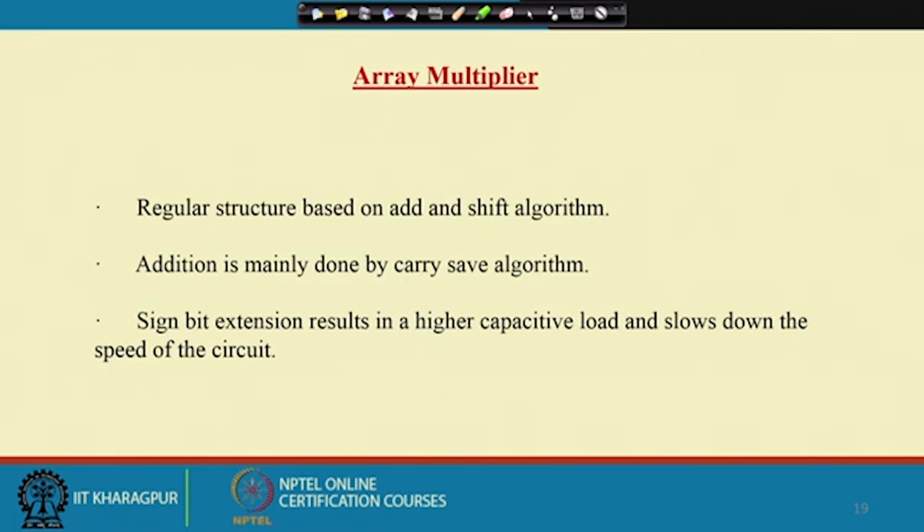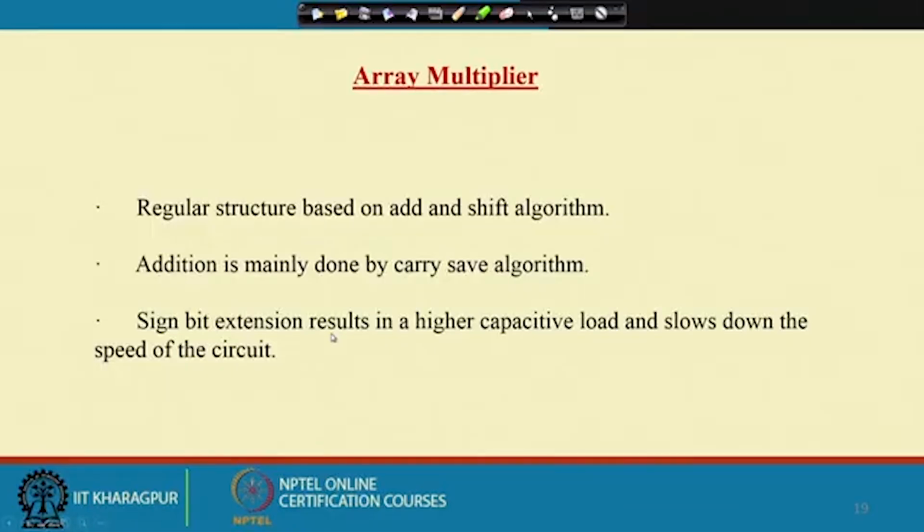Here the main thing is that the addition is mainly done by the carry save algorithm, or carry save addition operation, and then sign bit extension results in a higher capacitive load and slows down the speed of the circuit. That means if I am doing signed multiplication, at that time I have to consider the sign bit extension, otherwise I do not have to.